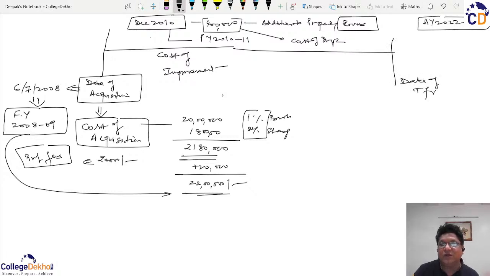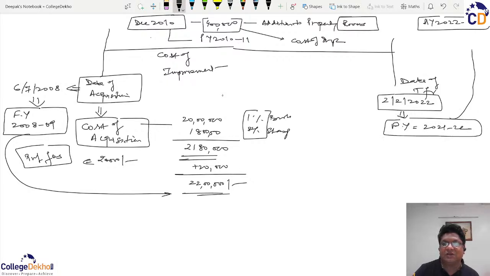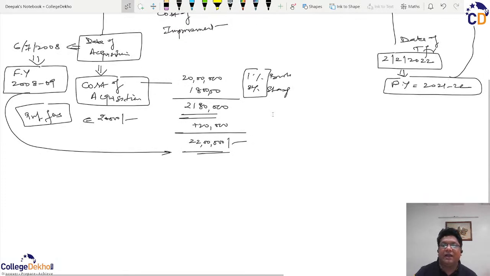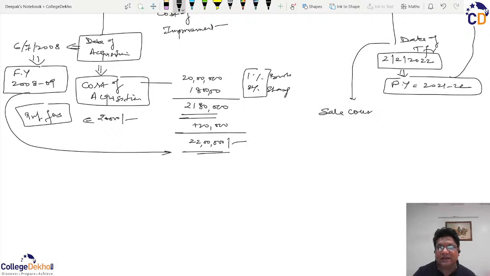And if we believe that the asset has been sold on 2nd February 2022, then this date will correspond to the previous year 2021-22, and hence the income will be taxed in the assessment year 2022-23. And on this date of transfer, the value for which the asset has been sold will be deemed as the sale consideration.